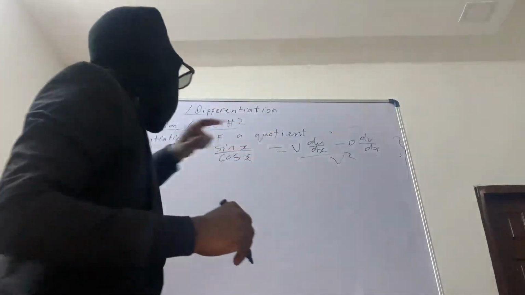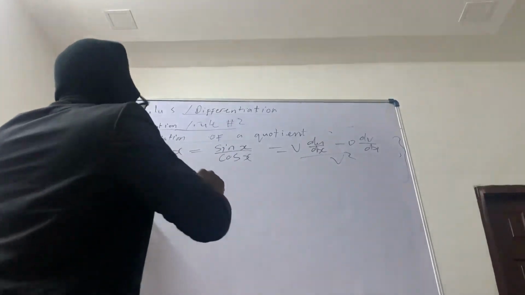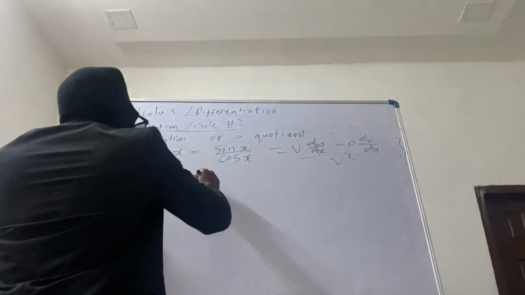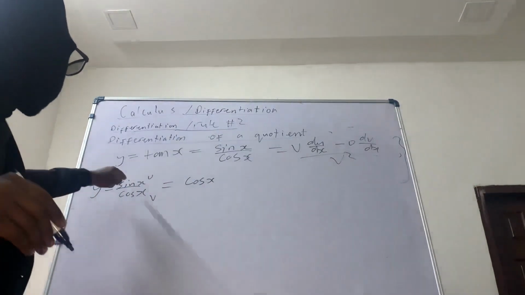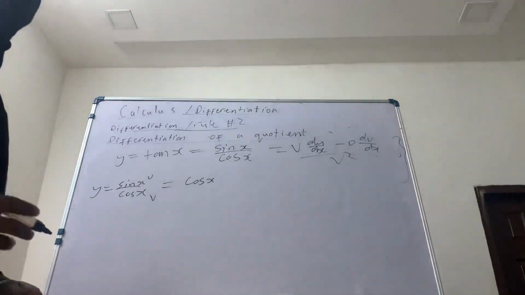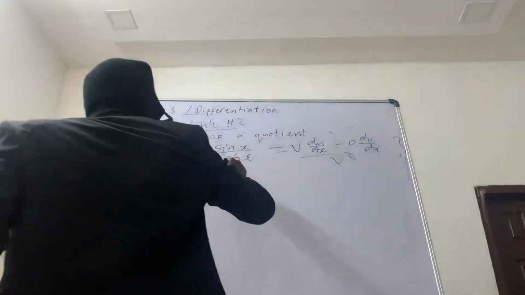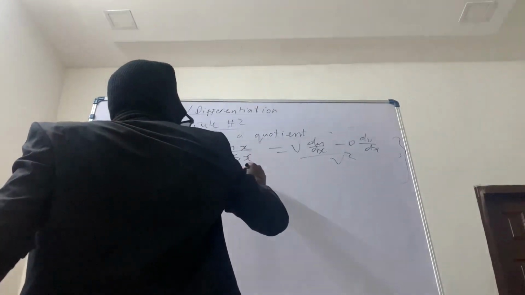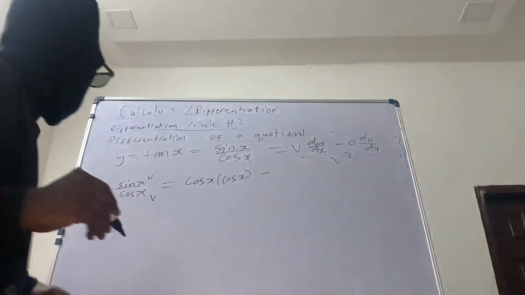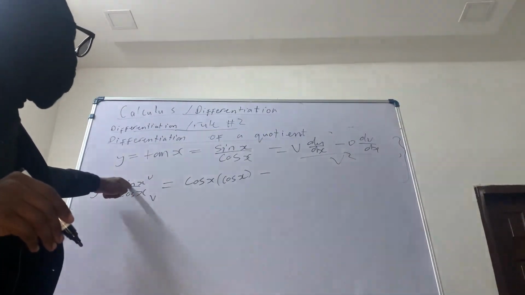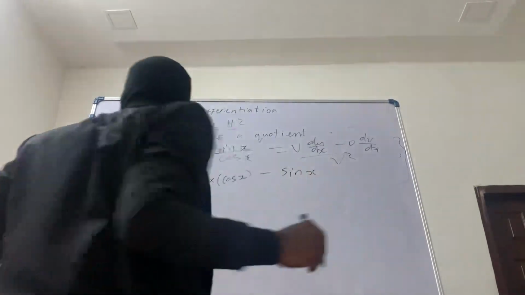So our formula was saying v, we are going to write v as it is, as cos x. We are supposed to differentiate sin x. What do we get when we differentiate sin x? We get cos x. Cos x minus, we are going to write u as it is, sin x.